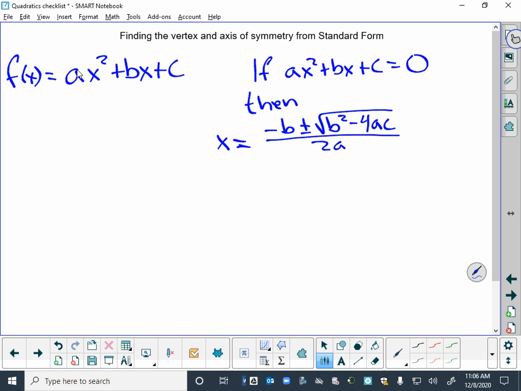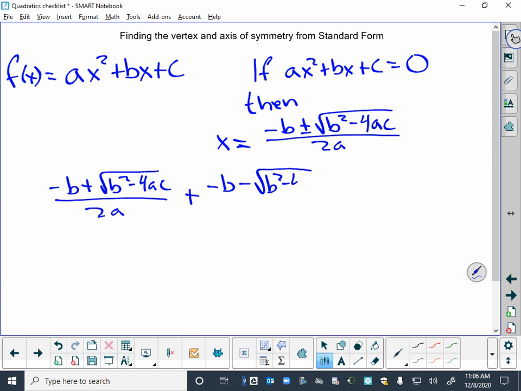So if we averaged these x-intercepts, if we took the negative b plus the square root of b squared minus 4ac over 2a, and we added that on to the other one, which is negative b minus the square root of b squared minus 4ac all over 2a, and then we divided the whole thing by 2 or multiplied by 1/2, then we should be landing exactly where the axis of symmetry is.